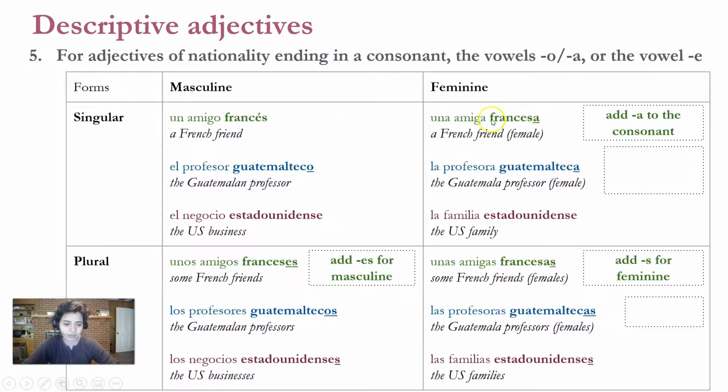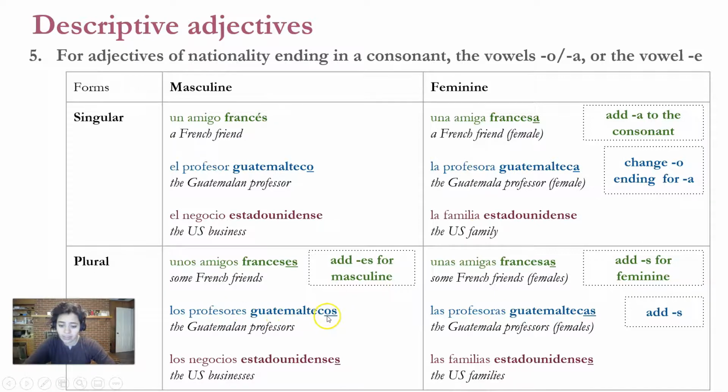An s, because francesa already ends with a vowel, so you just have to add an s, francesas. Then for adjectives of nationality that end with the vowel o or a, to form the feminine, you just change the o for an a, or to form the masculine, you just change the a for an o. Then to form the plural, you just have to add an s.